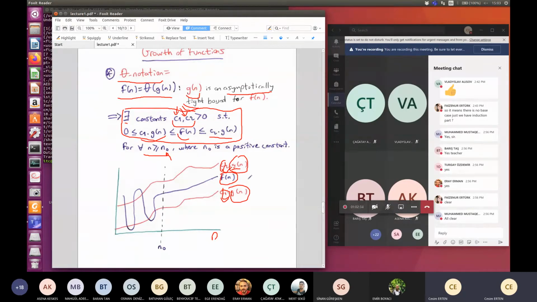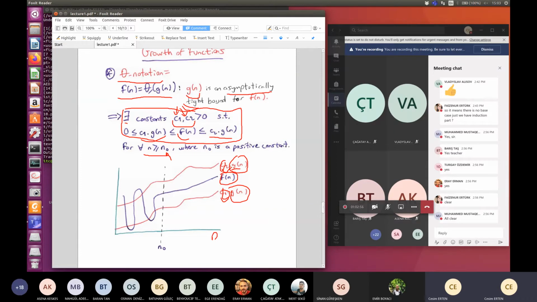Any questions about this definition? So basically, with the theta notation, f of n is sandwiched in between the g of n's. Okay? That's why we can think of this notation to mean almost equality.